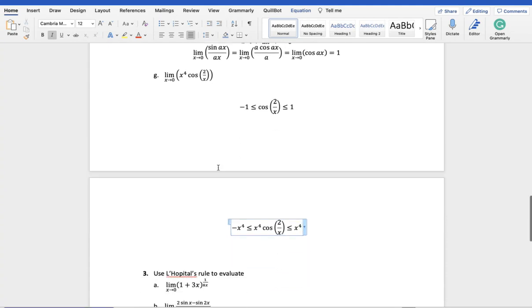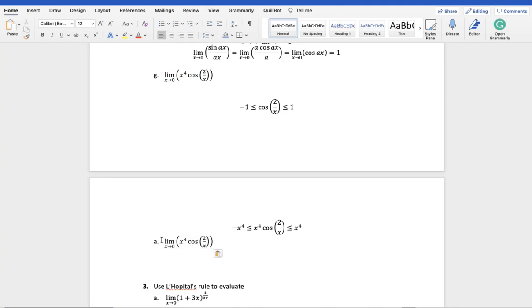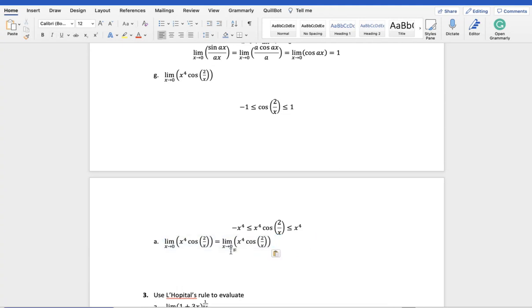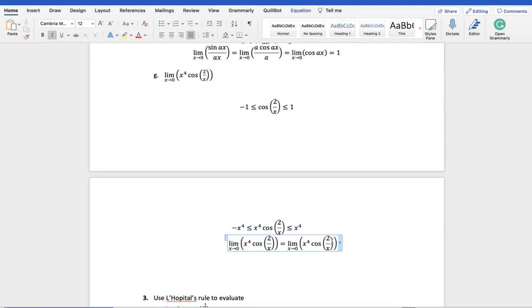And when you do that, and you introduce the limit, then the limit as x tends to 0 of x to the 4 times cos of 2 over x will be between the limit as x tends to 0 of negative x to the 4 and the limit as x tends to 0 of x to the 4.